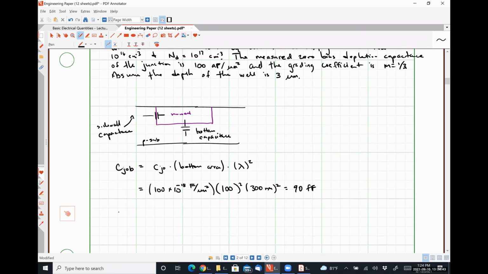For our sidewall capacitance, CJ0S, somebody besides Pierce, tell me how we might figure that out. So what does the 3 microns represent? So the sidewall, right.